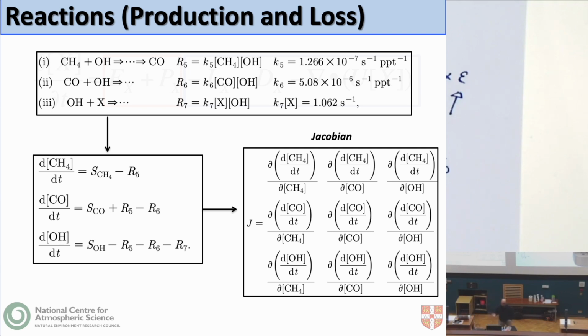And then it works out, you can think about it, the sensitivity. So the rate of change of methane with respect to time, with respect to methane. This matrix here is basically telling us how each species changes with respect to each species. And this matrix needs to be solved using some linear algebra.